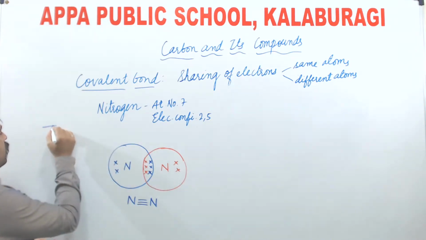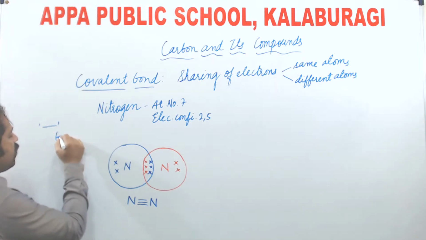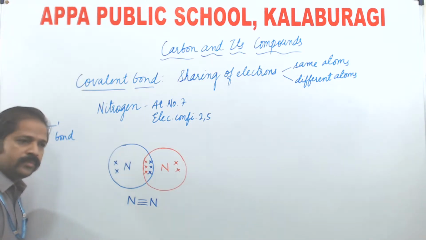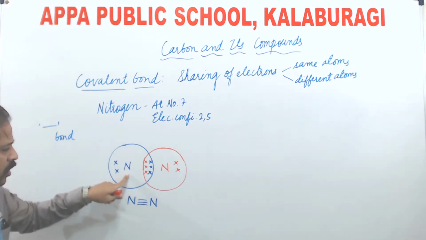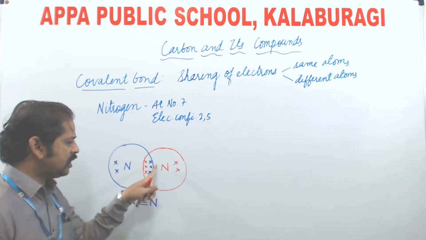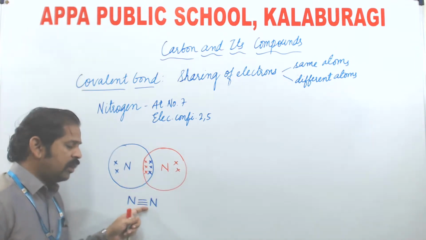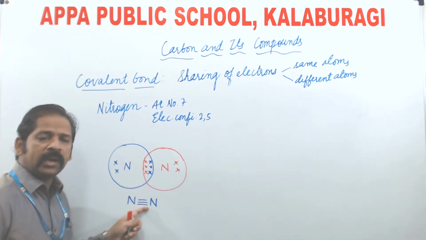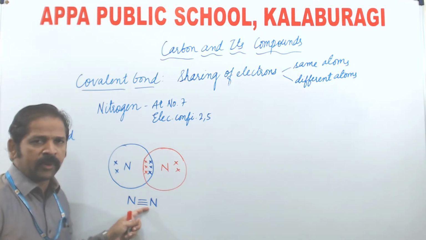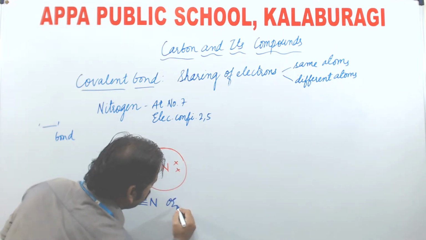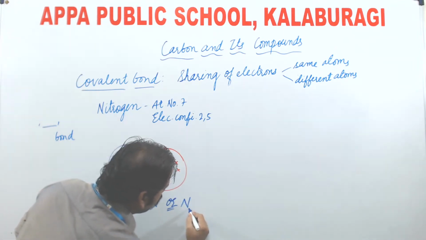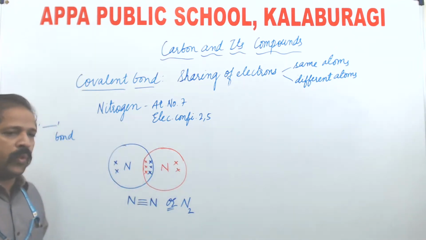This line is called a bond. Since this nitrogen and this nitrogen each have 3 electrons to share, 3 bonds, nitrogen forms a triple bond between both the nitrogens, or it is also called N2.